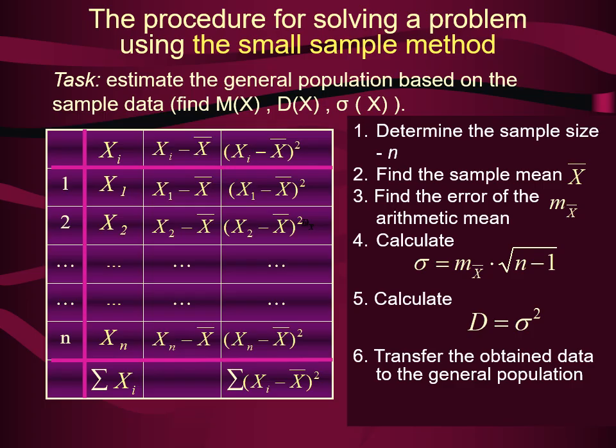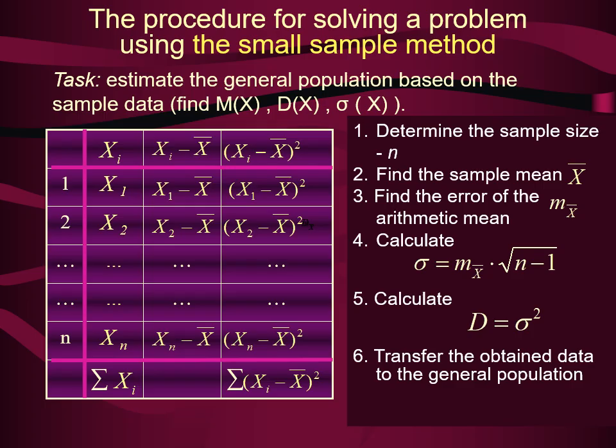In any case, these are small samples. Next, the second step: find the sample mean, that is, add up all the sample values, divide by the number of terms, and find the arithmetic mean. Thus, a sample average will be found for you.